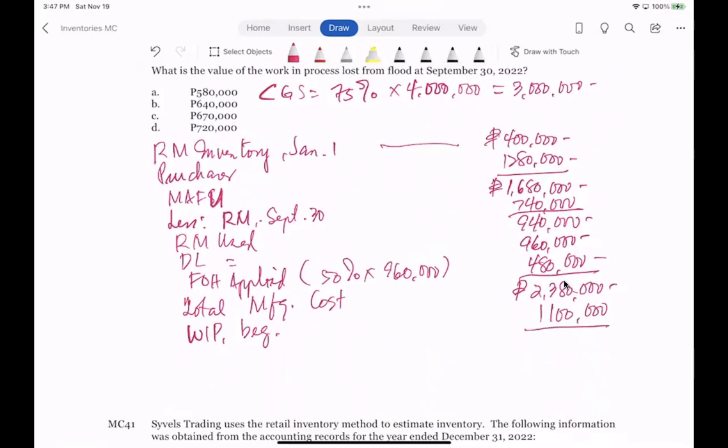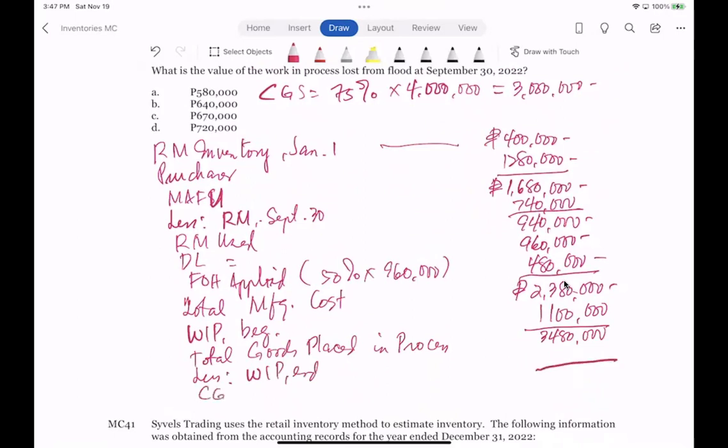So this is your total goods placed in process, which is 3,480,000. Deduct work in process end, which we do not know now. Therefore, this is your cost of goods manufactured.